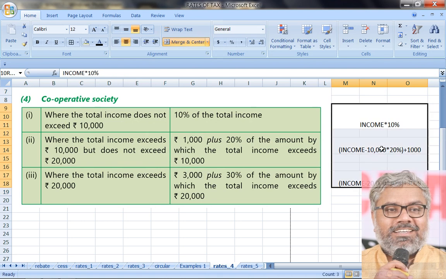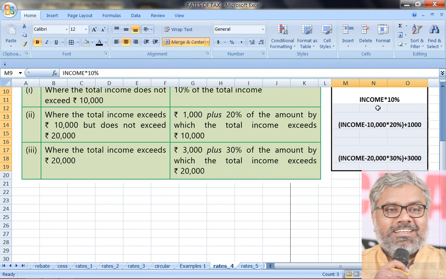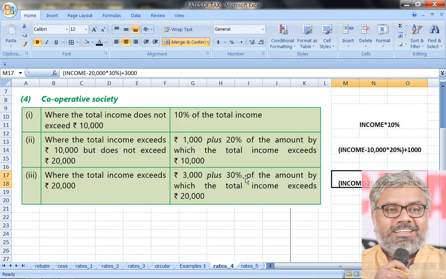This is the formula in relation to calculation of income tax of cooperative societies. So if the income does not exceed 10,000, directly income into 10%. If the income is between 10 to 20,000, then income minus 10,000 into 20% plus 1,000. If the income exceeds 20,000, then income minus 20,000 into 30% plus 3,000 rupees.